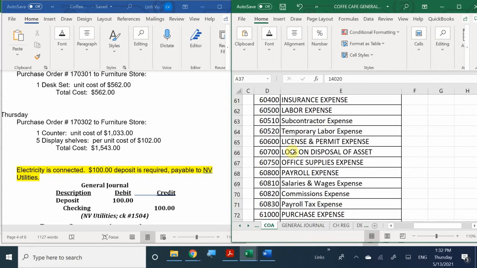Did you use utilities expense? Okay, utilities expense. But this is a deposit instead of a bill. In some locations, and in this rental place, they want a deposit in case for the electricity bill.